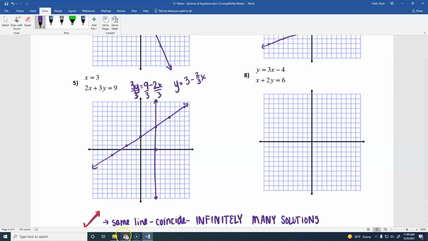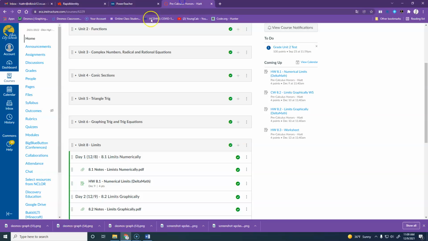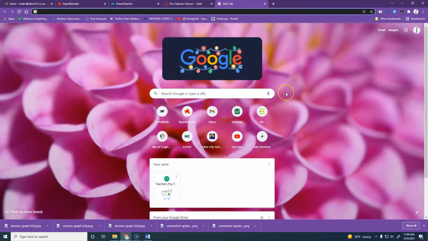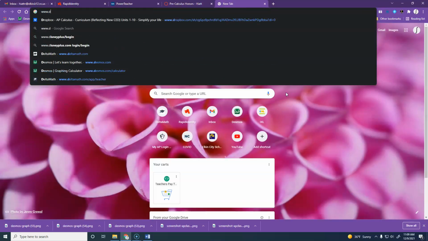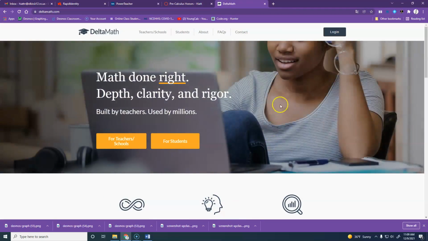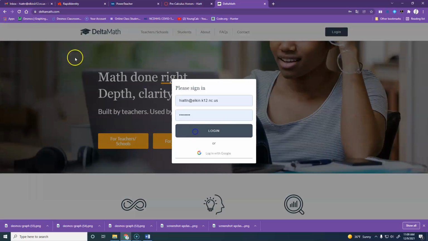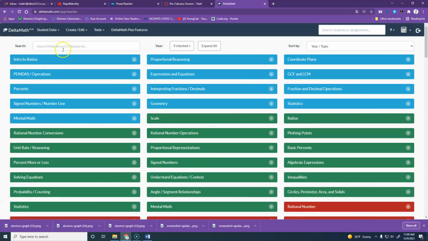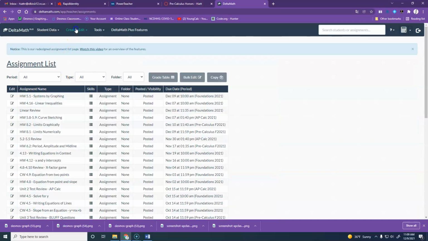Let me change the date so it shows up where it's supposed to be. It's 5.1 that you're doing. Right now it's saying it's late credit, but it's not really late. I just have the date set incorrectly.